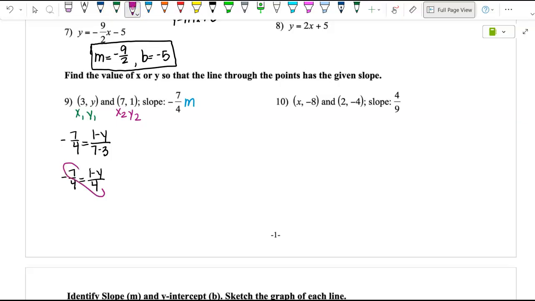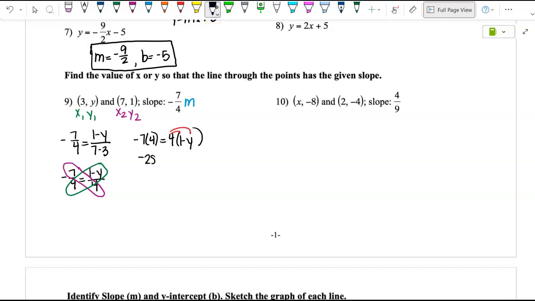Now we can cross multiply. Now I'm going to keep that negative with the 7, so I'm going to say negative 7 times 4 equals 4 times 1 minus y. And we need to distribute that 4.